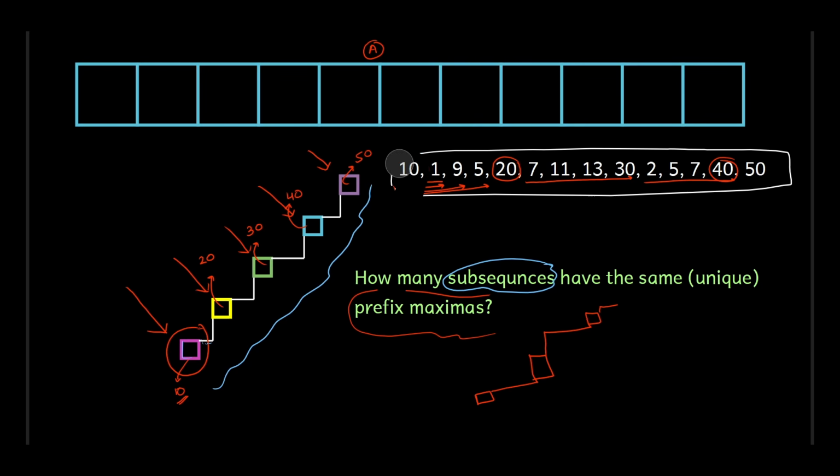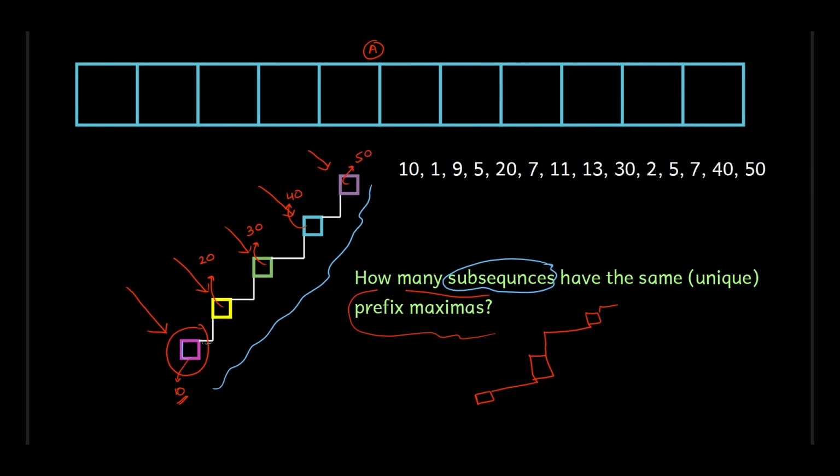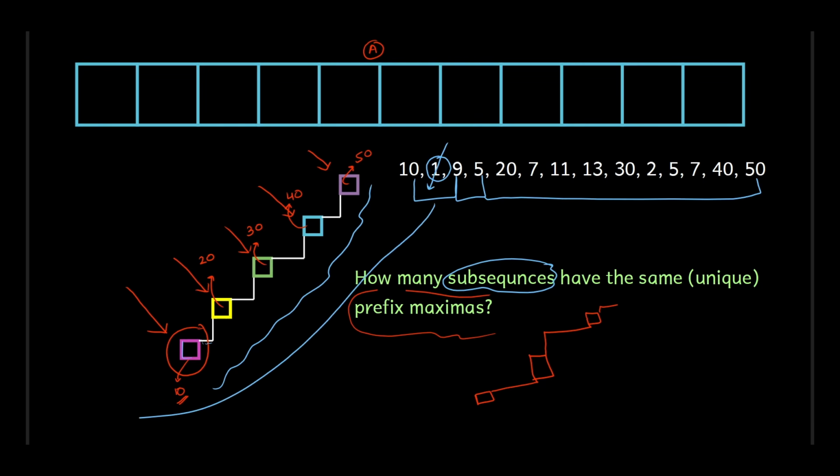For example, if you select this subsequence 10, 9, 5, and then the rest of the thing, then also you will see that this subsequence where you have excluded one, this will also create the same colored boxes. Why? Because the prefix maxima jump will again be 10, 20, 30, 40, and 50.